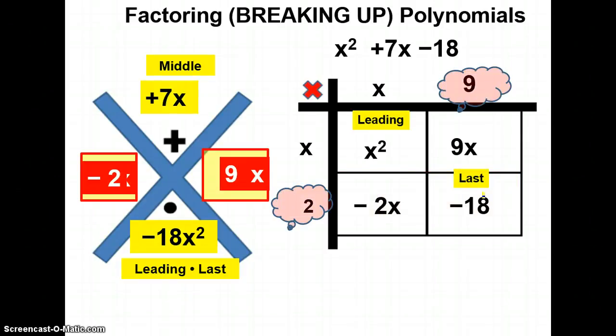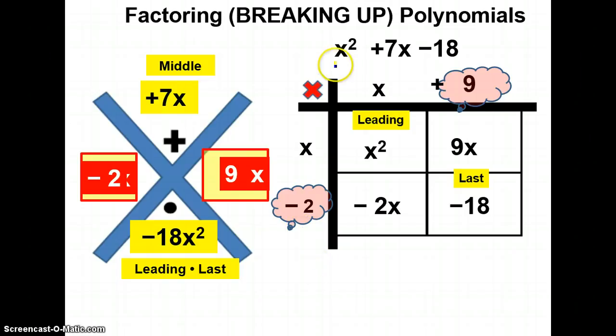Should I put it at the 9, at the 2, or both? I should put it at the 2 only. Here's why. If I put it here, I'll get a negative 2x, and if I put it here, I'll also get a negative 18. You'll also see they both have a negative in common.